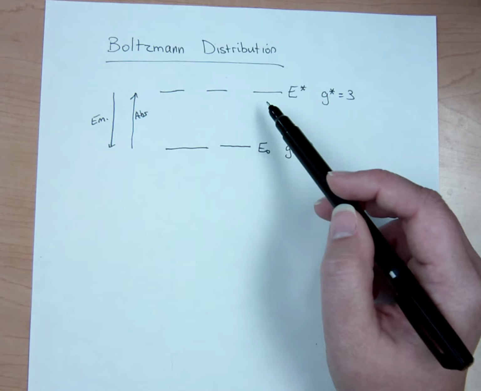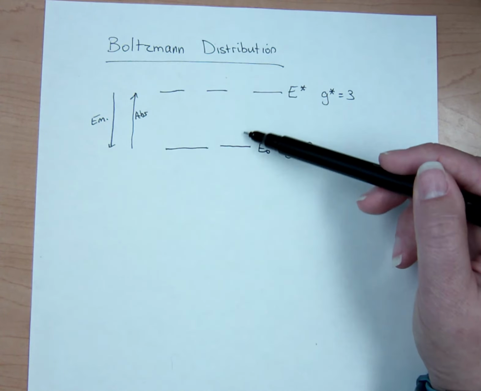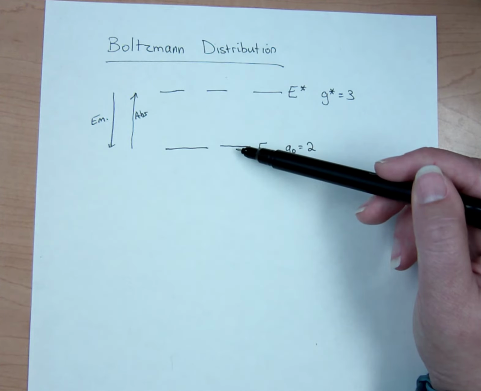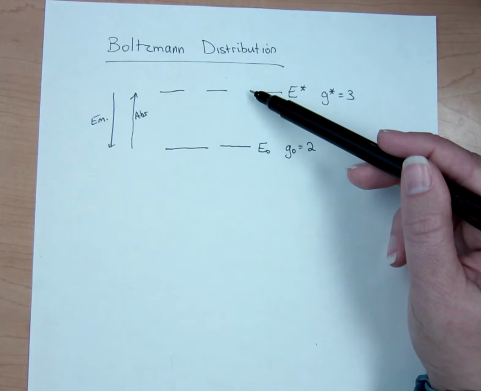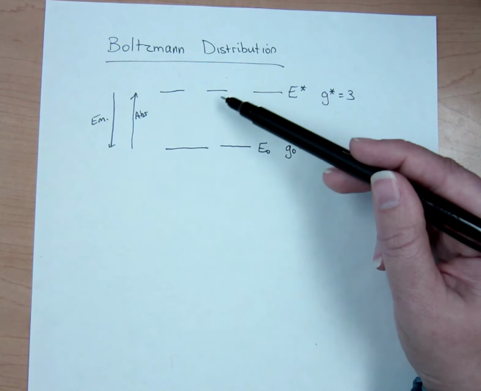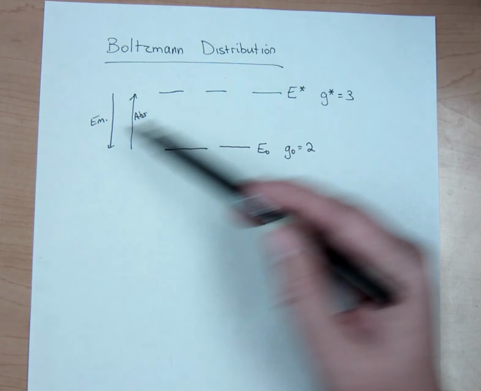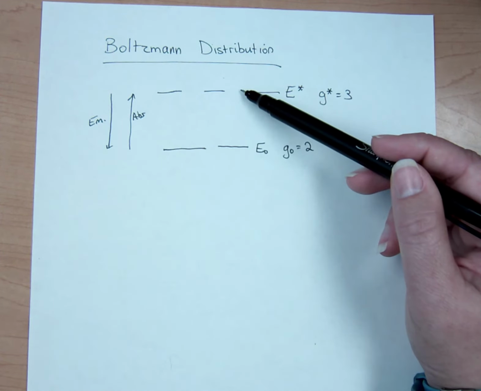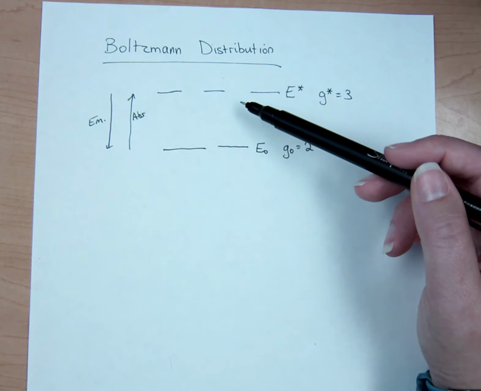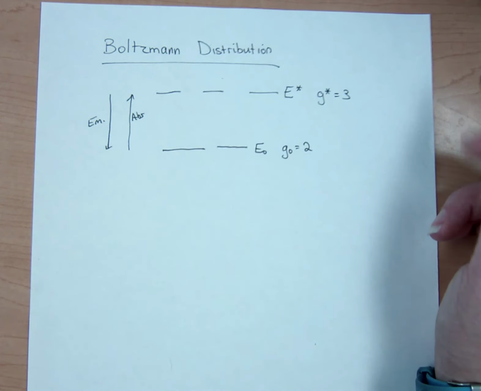If we can drive the equilibrium to where it is more heavily represented by excited state atoms, then we would have increased signal. Because remember, if we're looking for an emission signal, we need to get more into the excited state in order for them to be there to drop down and emit a photon.